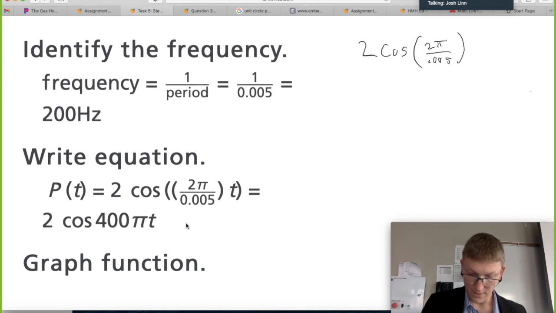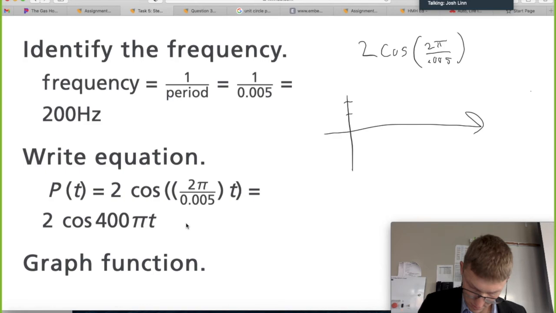So when we graph it, we know our amplitude is 2. Cosine starts up here, and we need our full amplitude, our full period, which is 0.005. So that will be here. And then half of that is 0.0025.